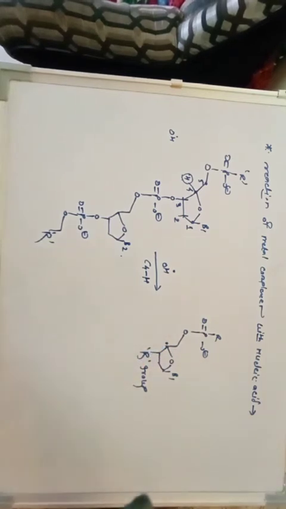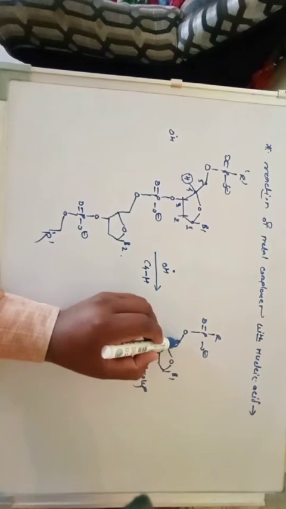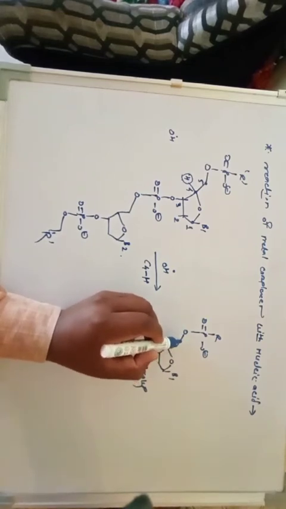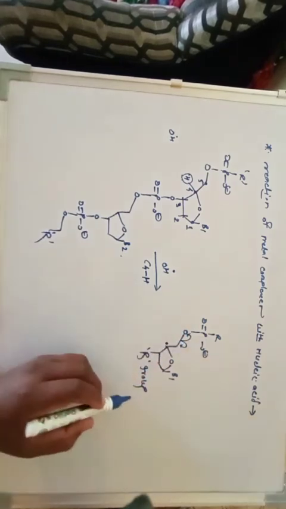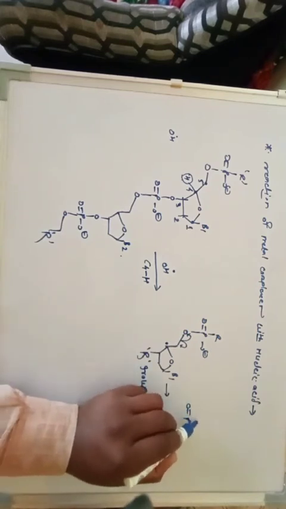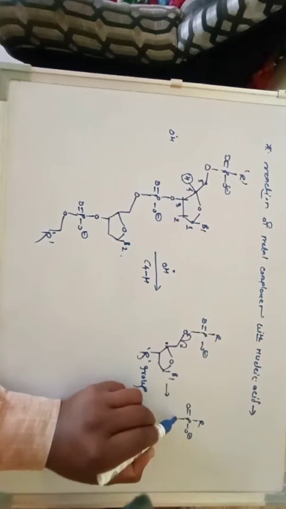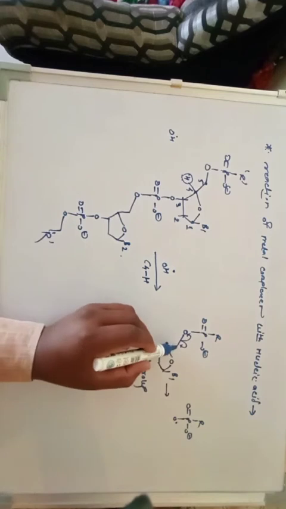Then this radical, because if you consider the bond between this carbon and this oxygen, it will cleave to give a radical formation. So what we get here is P double bond O, R, O minus, having an O radical, and this other radical.